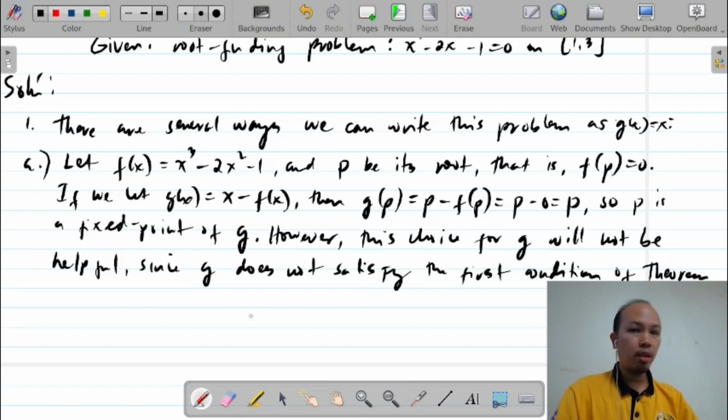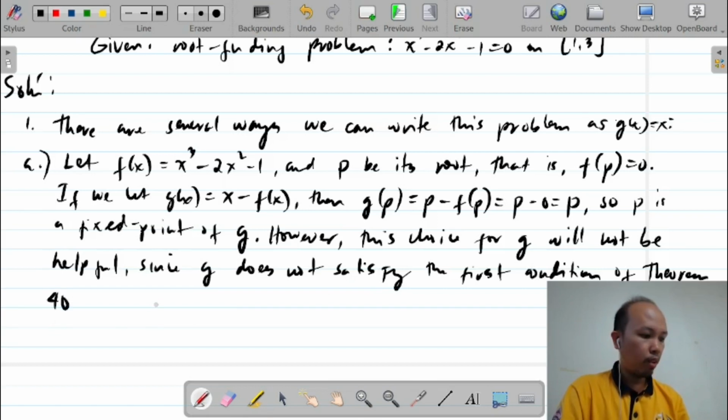Okay, what theorem? You can also say theorem 38.1, or you can also use theorem 40.